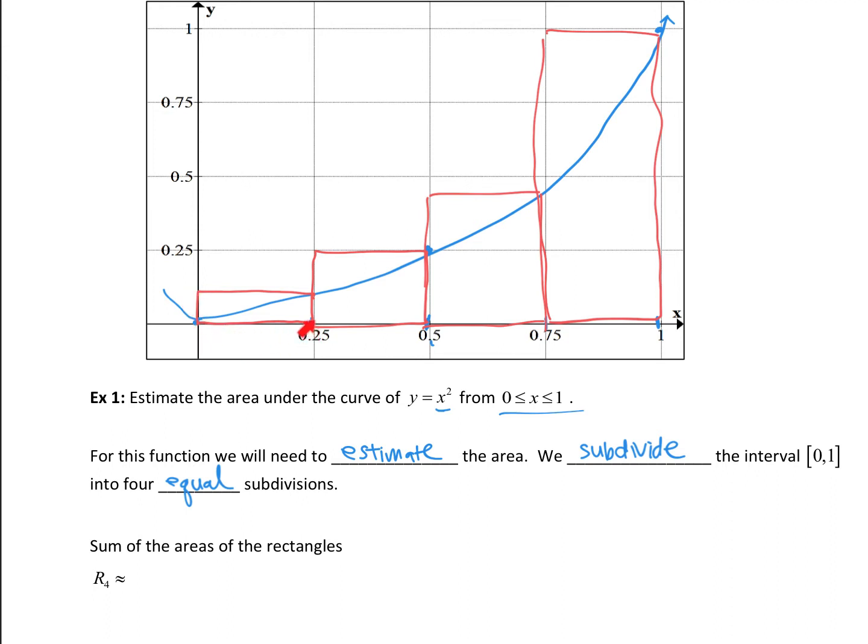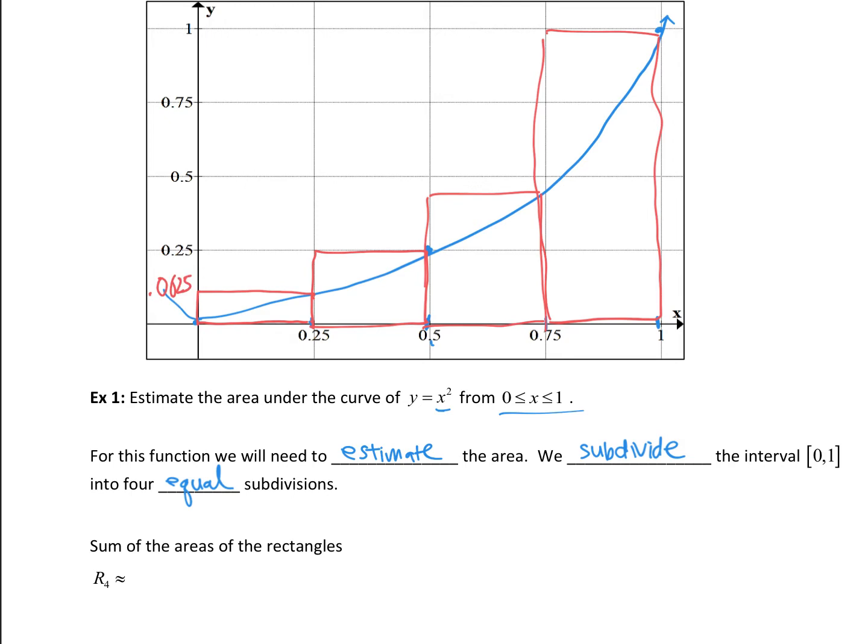The blue graph is x squared, so I plug in 0.25 into x squared. So 0.25 squared will be the height. That's going to give you the area of the first rectangle. If I calculate 0.25 squared, I get 0.0625.